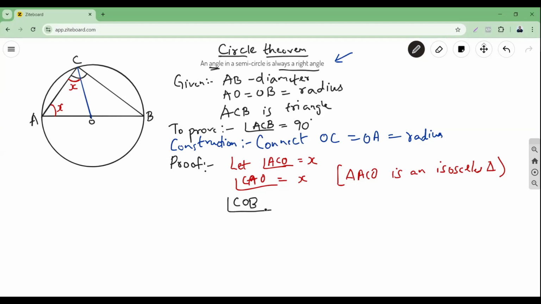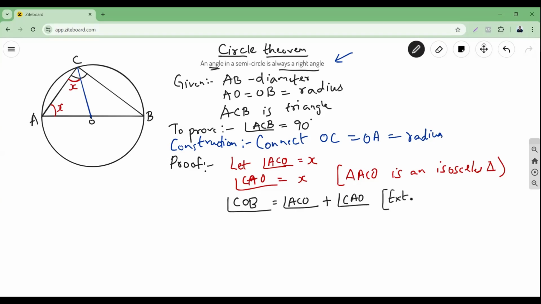We know that the external angle is equal to the internal opposite angles, that means angle ACO and angle CAO. Why? Again, reasons we have to write.